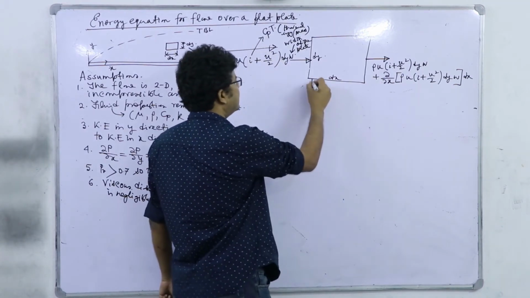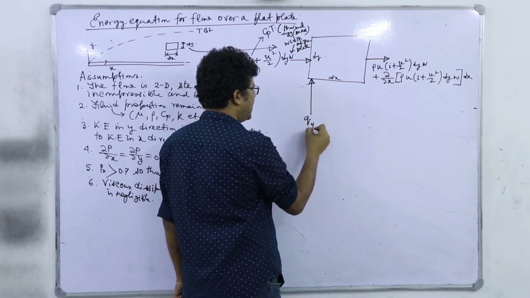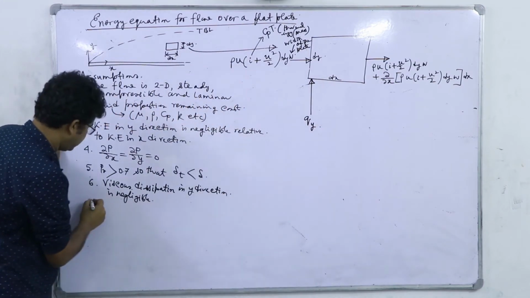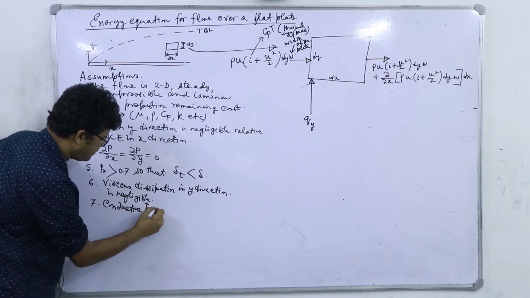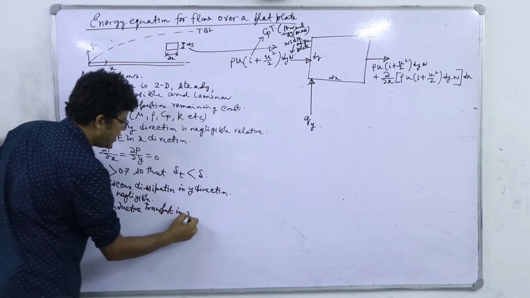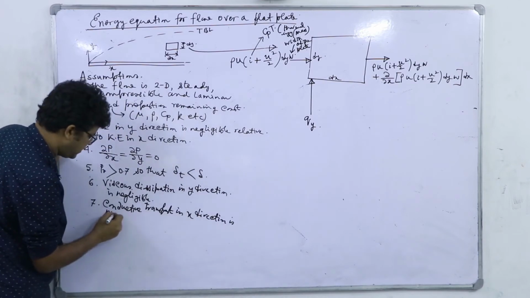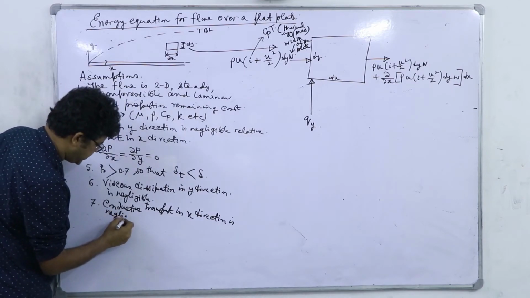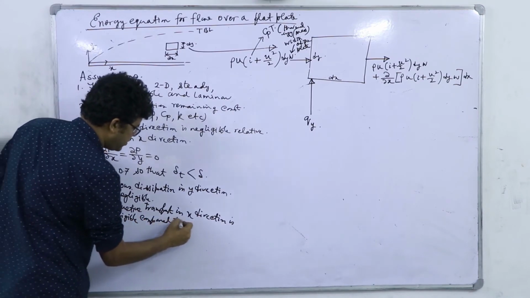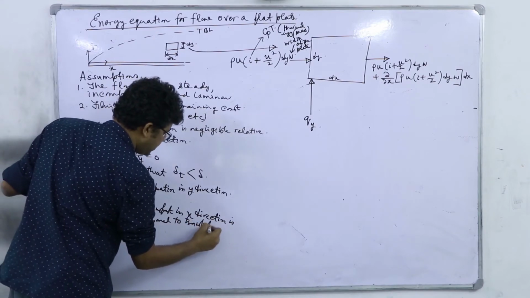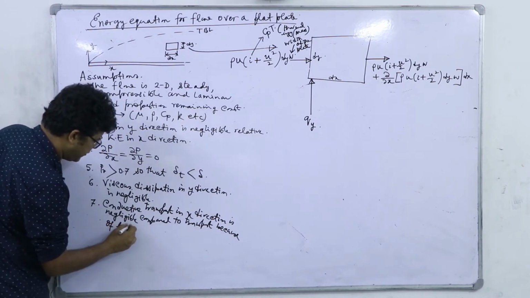So here, what are the terms? First, we will definitely have Qy, the conductive. There is another assumption: conductive transport in the x direction is negligible compared to transport because of bulk flow.